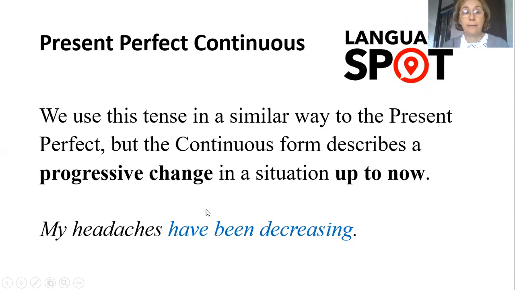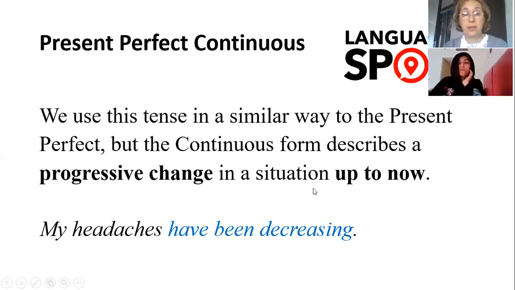And the present perfect continuous tense, we use this tense in a similar way to the present perfect, but the continuous form describes a progressive change in a situation up to now. For example, my headaches started in the past.